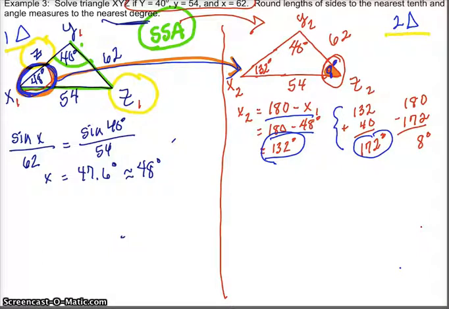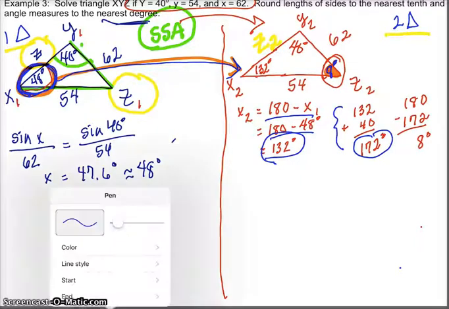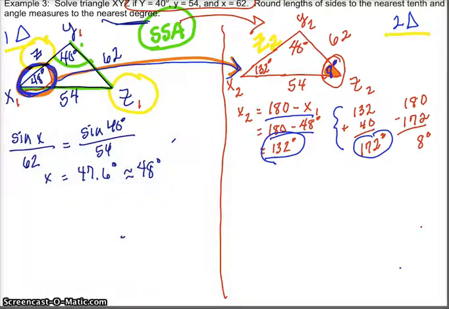And then go over to your second triangle, and it looks like the only thing you have left to solve for is side Z sub 2. So I will be asking for tomorrow the measures and the work shown for side Z1, angle Z1, and side Z2. Thank you.